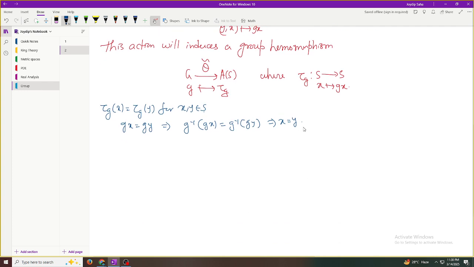So tau_g actually lies in A_S. So this is no problem.